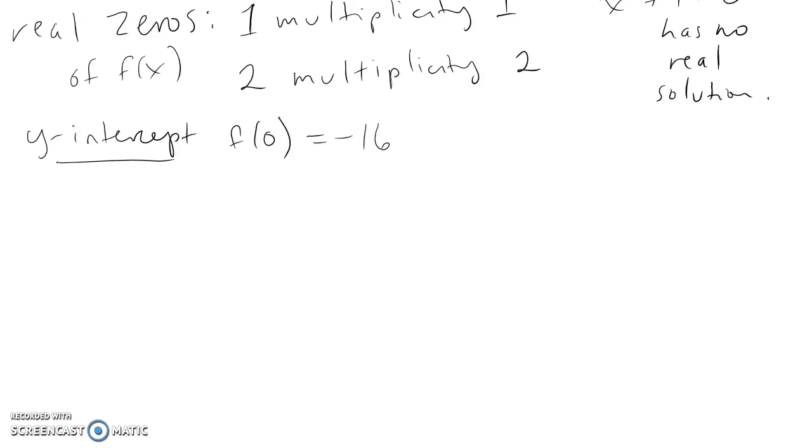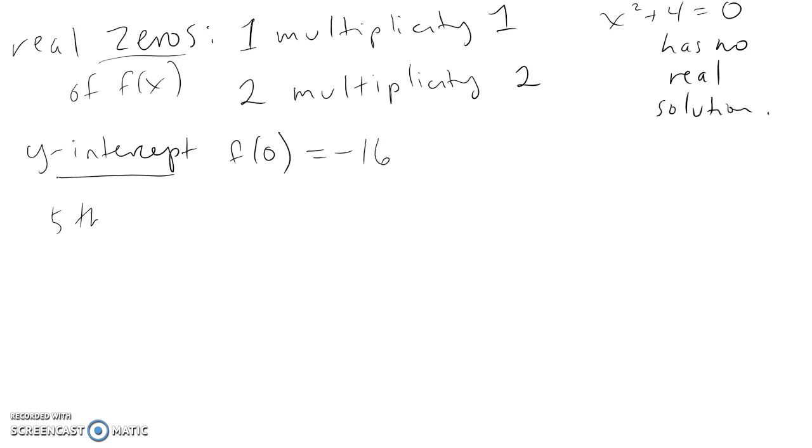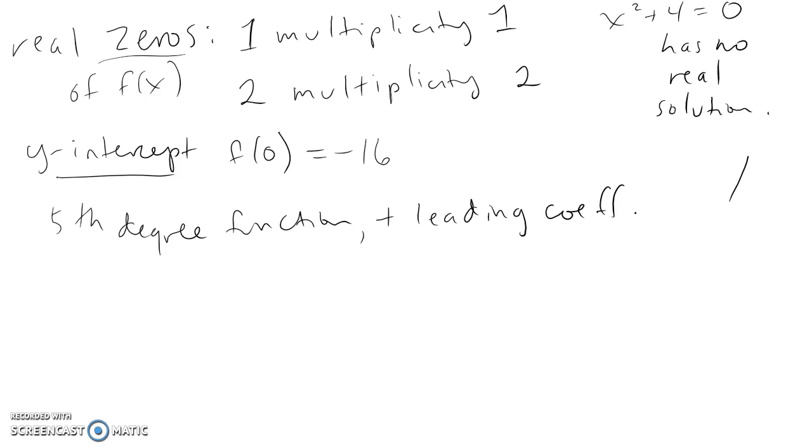So I've got my x-intercepts or my zeros, my y-intercept. We know that it's a 5th degree function with a positive leading coefficient. So as far as end behavior, it's going to kind of look like this, and then some things are going to happen in between that we're not sure of. Okay? So we would have enough information to go ahead and graph this, at least very cursorily.